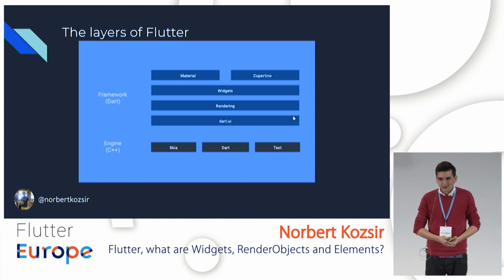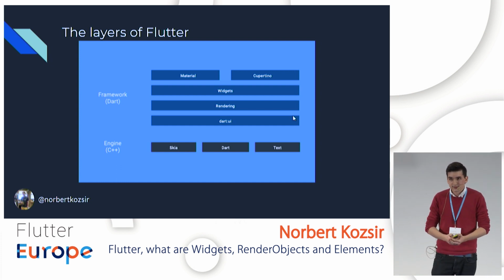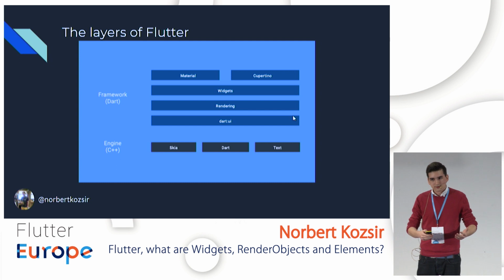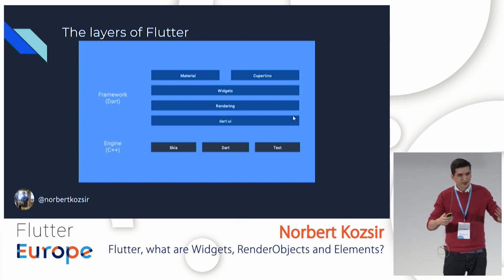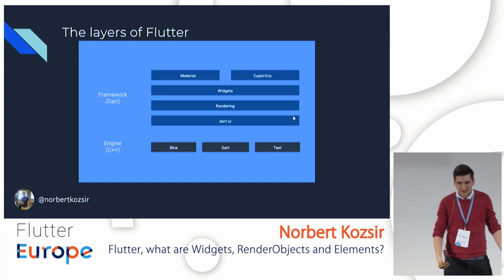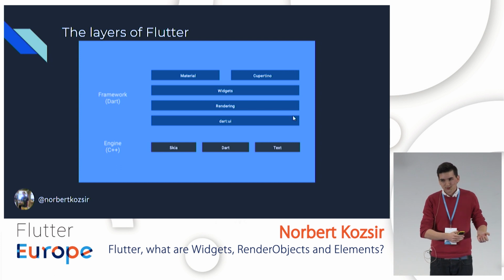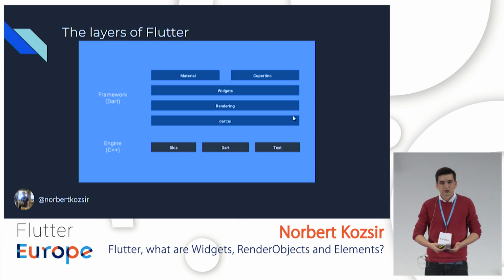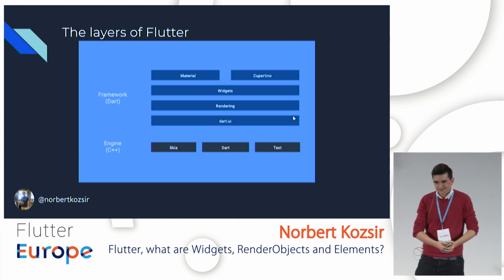On top of that, we have the rendering layer. That's the first layer which actually abstracts away logic, layouting, and the whole pipelining. It takes care of making Flutter like it is. And of course, on top of that, we have our widgets, the material and Cupertino layer, which uses widgets to provide other widgets.